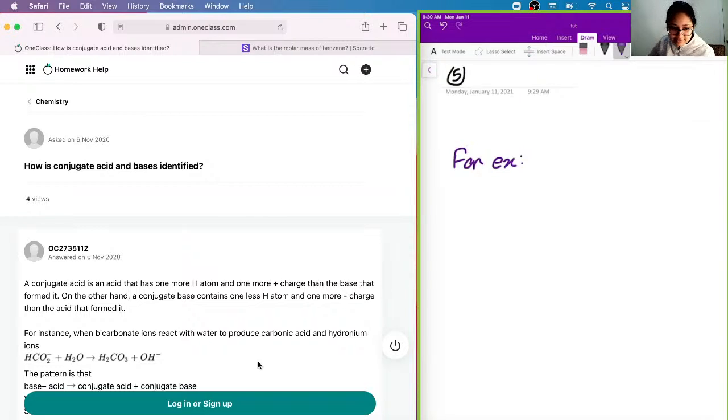So we have an ion that reacts with water. So we have HCO3 negative plus H2O will produce carbonic acid.